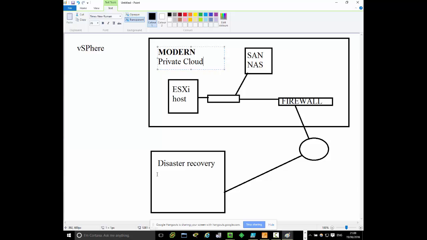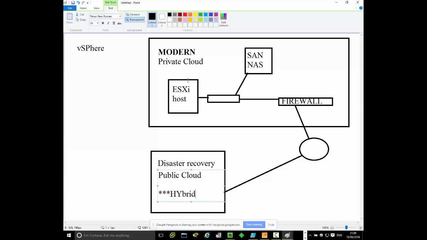Most commonly, even in the modern data center, it may not even just be another data center somewhere. It could just be a public cloud that you use for disaster recovery, which is again where our focus is, cloud technologies, not just VMware vSphere, which is where things like the hybrid cloud comes in.